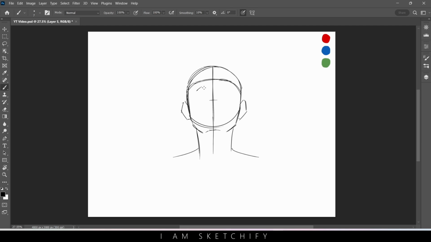Now, we can focus on putting the facial features, starting with the eyes.